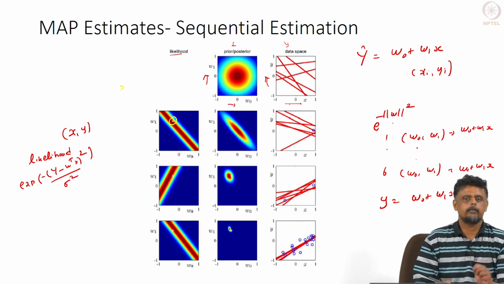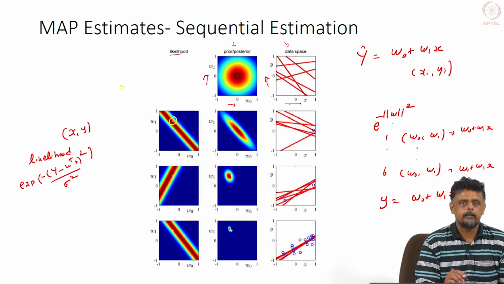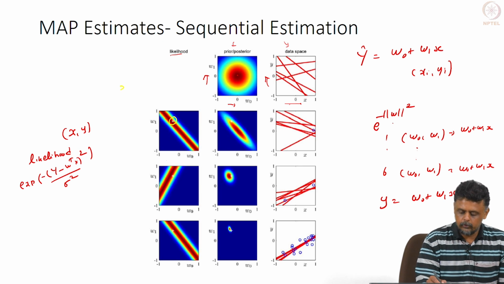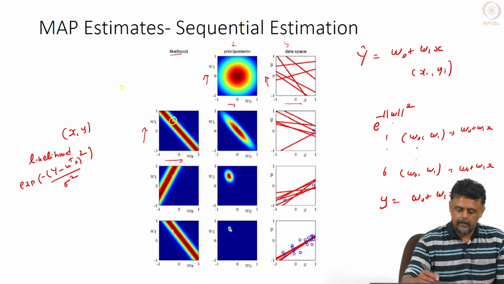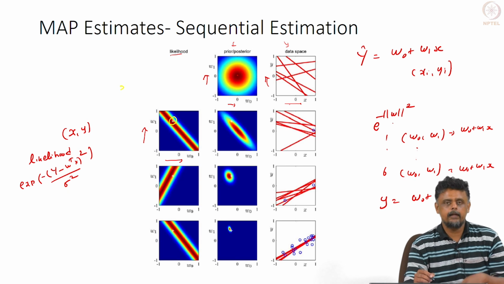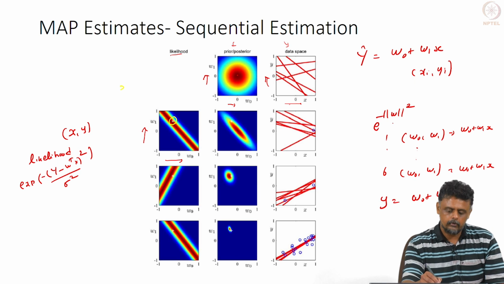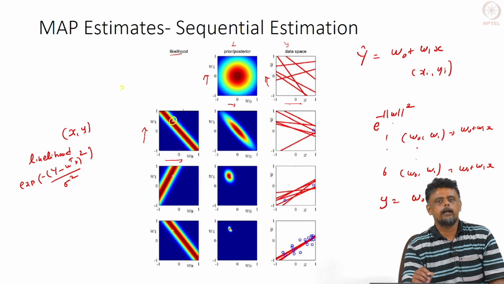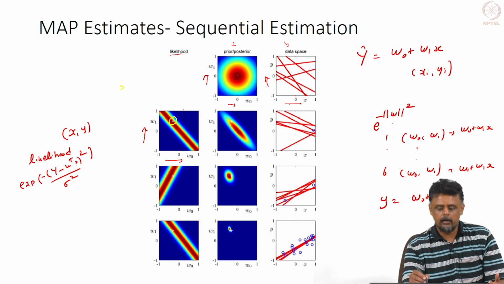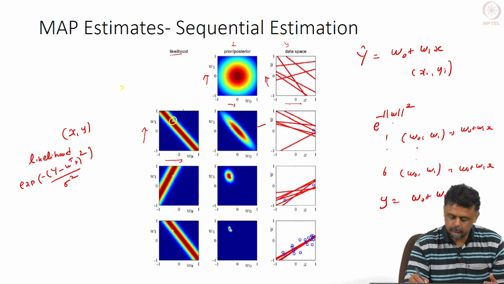So, given x and y, you can calculate this likelihood for various values of W0 and W1. The dark red bands correspond to regions of maximum likelihood for this one data point that we have observed. Now you take this likelihood and multiply it with the prior. Likelihood times prior gives you the posterior distribution, which is this one.